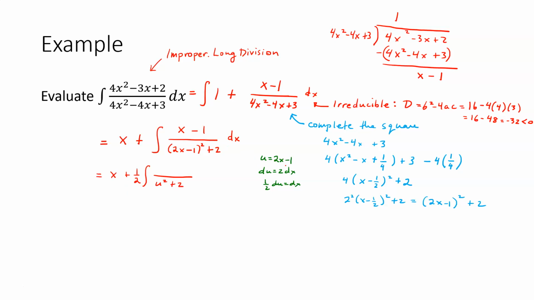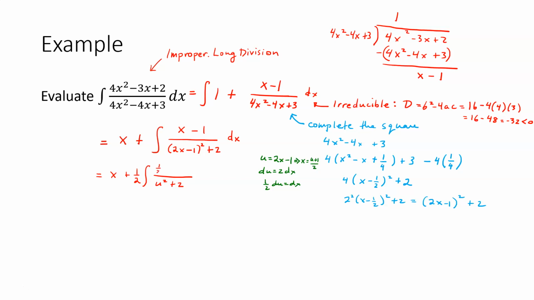X minus 1, well, let's see, what can I do with x minus 1? I should replace x with something in terms of u. So I'm going to go back here, and if I solve for x in this equation, I'd have u plus 1 and then divided by 2 gives me x. So let's put that in for x here.